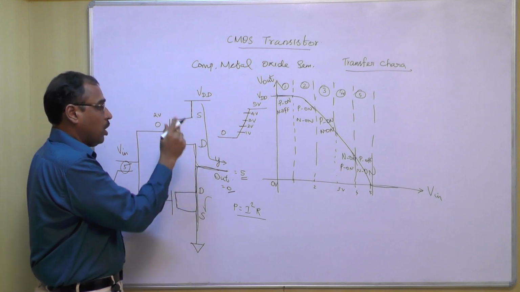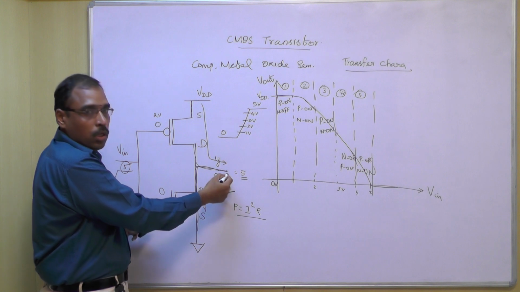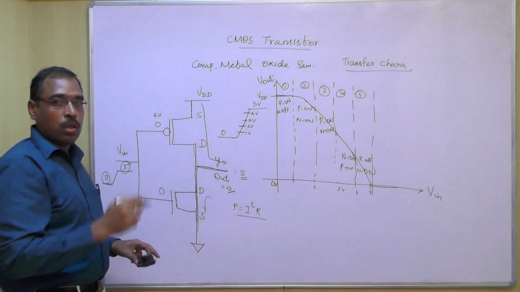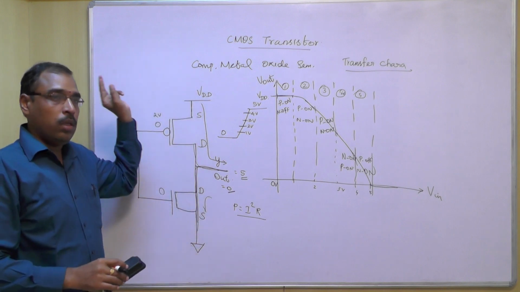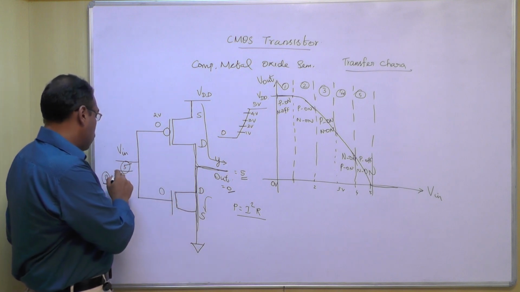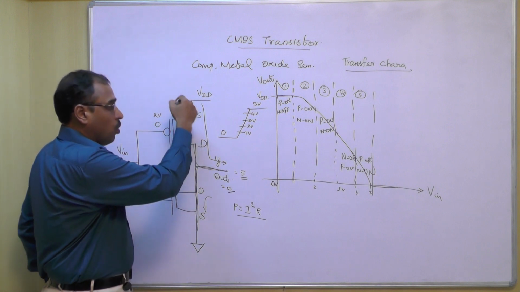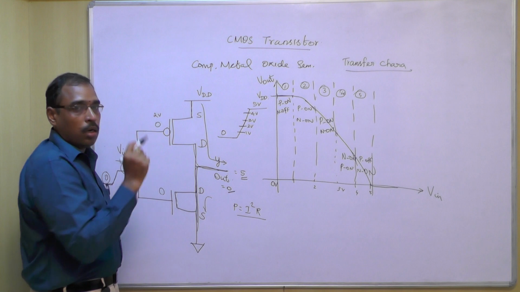If only the P is on, then VDD is directly connected to Vout. If N is on, Vout is directly connected to the ground, and there won't be any direct connection between VDD and ground. So only during the transition from logic 0 to logic 1 or logic 1 to logic 0 are both transistors on.